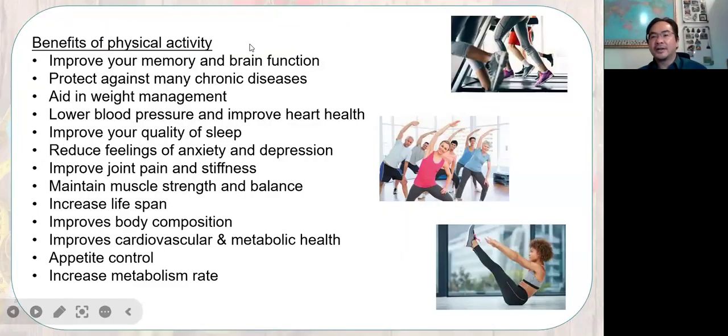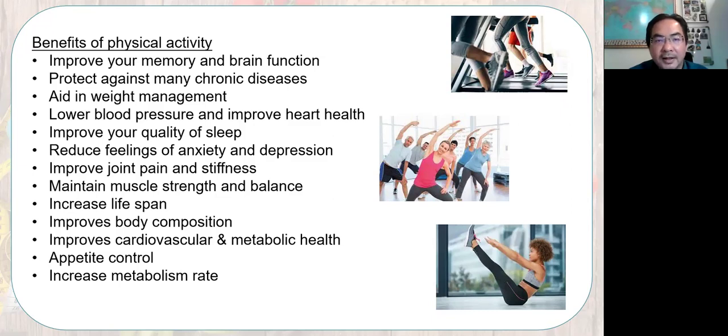And benefits for physical activity, these are just a few of the benefits. Of course, it brings a lot of other benefits as well. Some of the examples of physical activity benefits would be improving your memory and brain function, protect against many chronic diseases, help to manage your weight, lower your blood pressure and improve your heart health, improve your quality of sleep, reduce feeling of anxiety and depression because after you exercise, it produces a lot of good hormones, for example, endorphin, improve joint pain and stiffness.